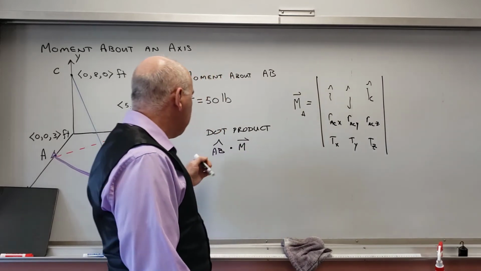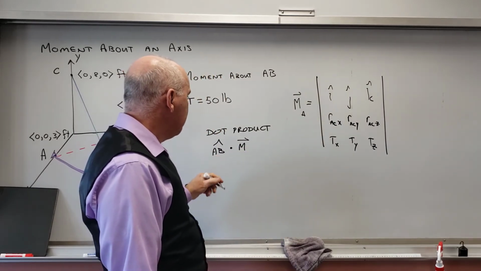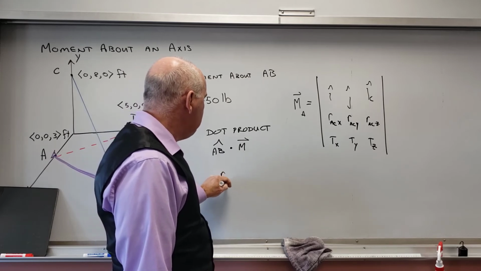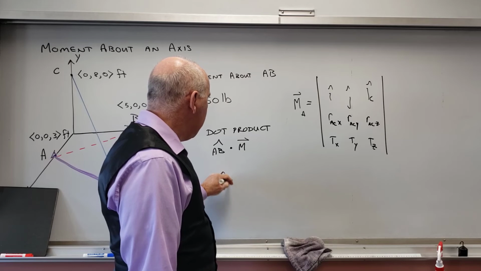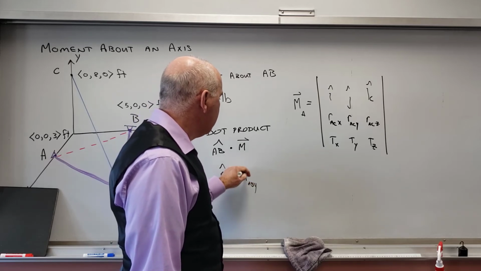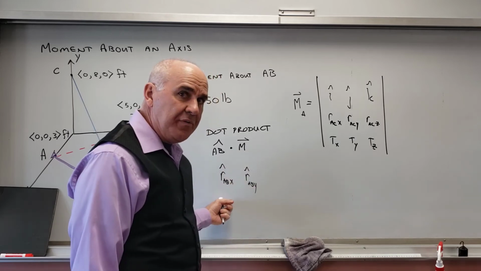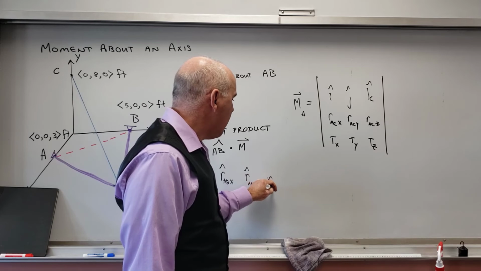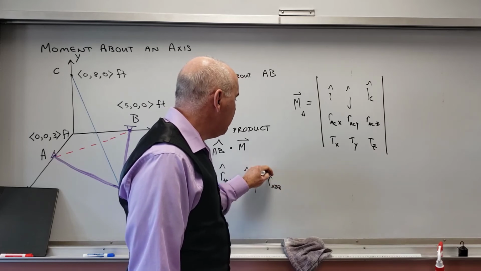When I do the dot product here, I'll have the X component of the unit vector, the Y component of the unit vector, and the Z component of the unit vector.